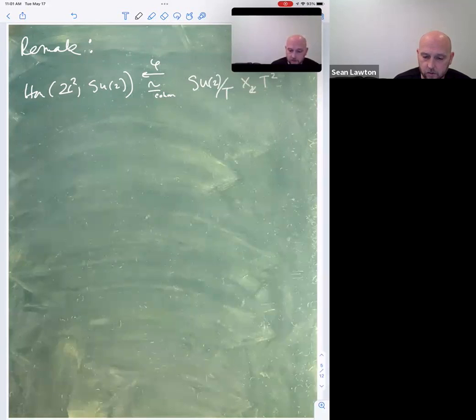You have to look at the quotient, a diagonal quotient of the Weil group, which is Z mod 2 in this case. Let me tell you exactly what phi is. So phi takes a coset. What do we have here? We take a coset of the maximal torus.